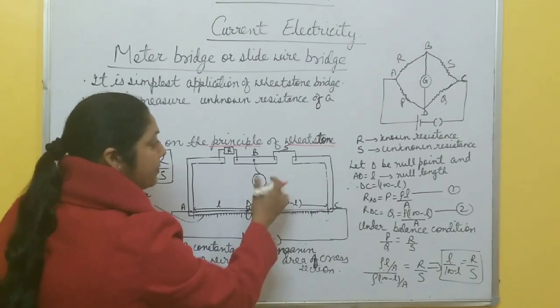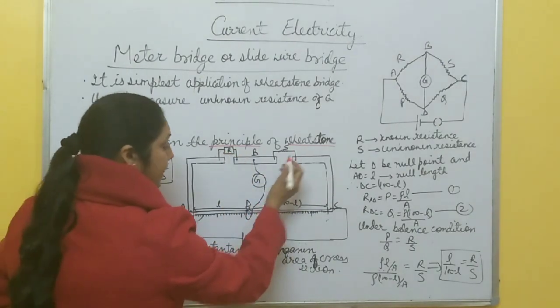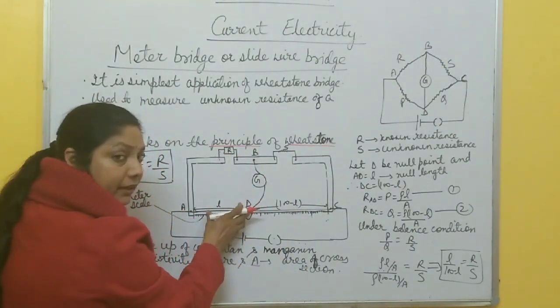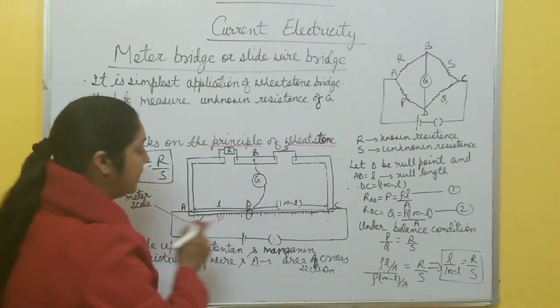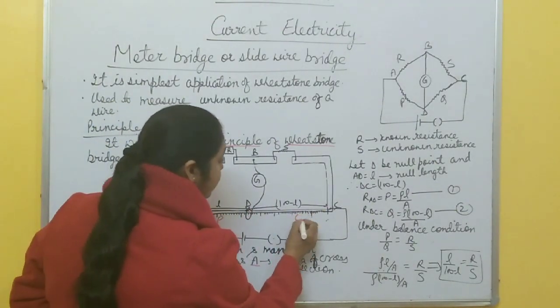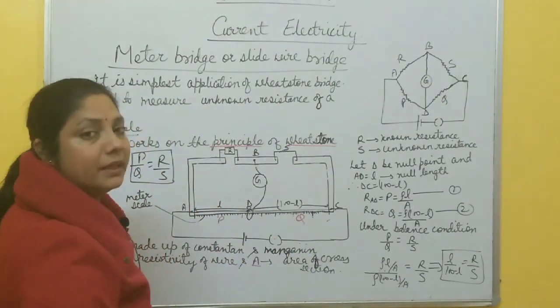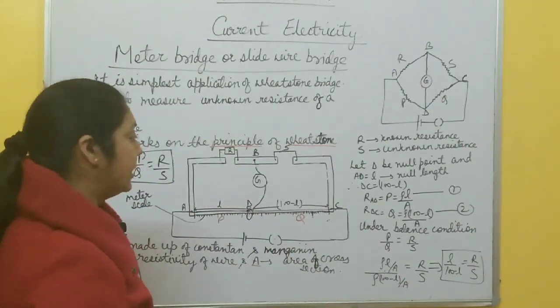But how does it form four arms? This one is R, S. Let's suppose that between A and D, the wire has some resistance. Let AD have resistance P and DC have resistance Q. Now you have to calculate this P and Q by using the null deflection method.